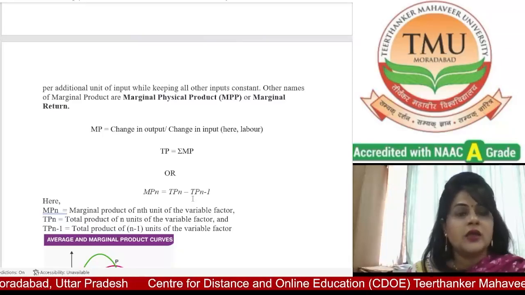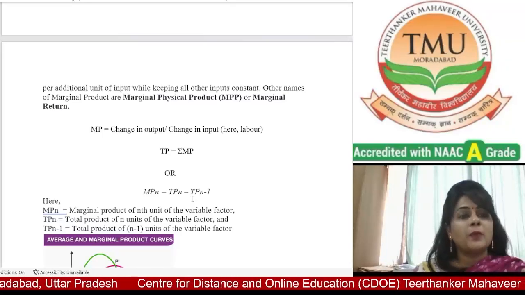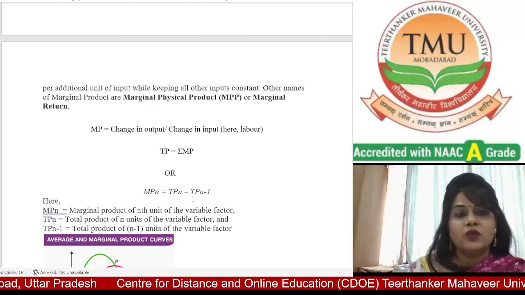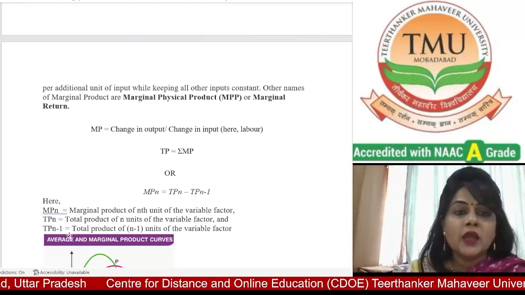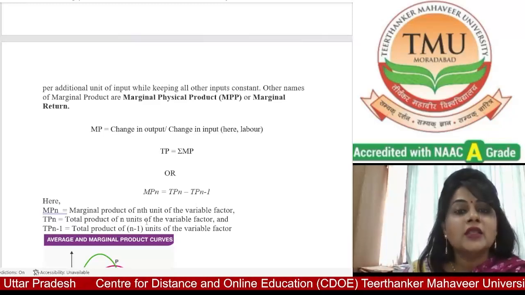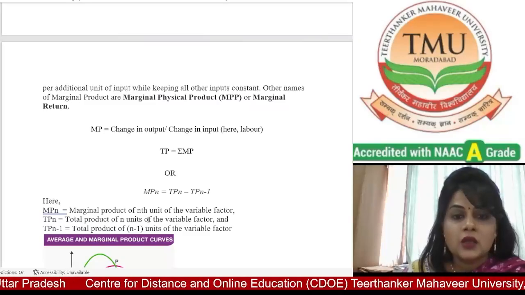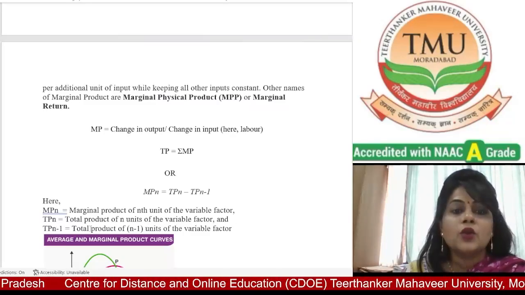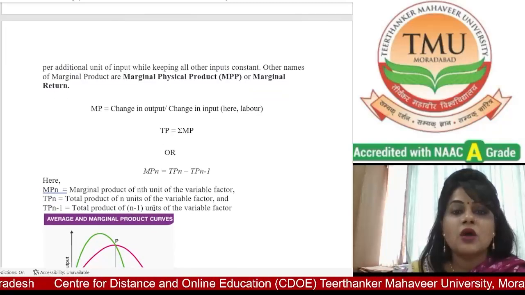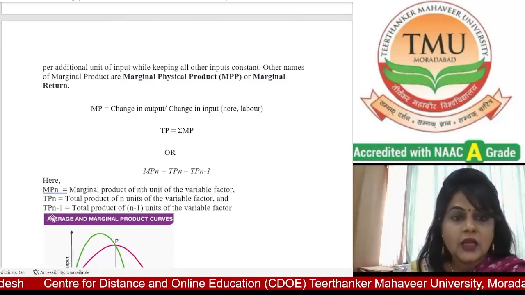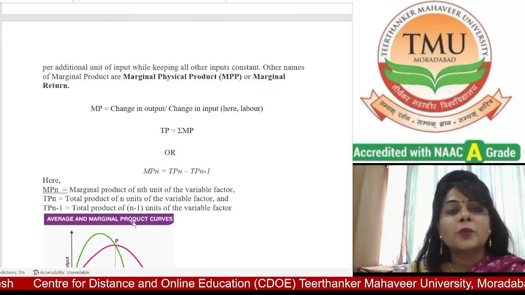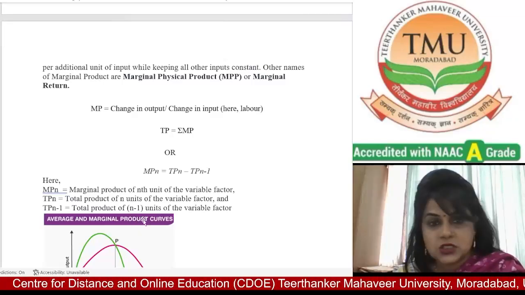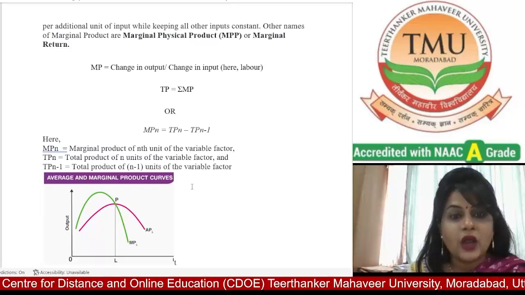It is the result of employing an additional unit of the variable factor input. MPn is the marginal product of the nth unit of the variable factor, TPn is the total product of n units of the variable factor, and TPn-1 is the total product of n minus 1 units, that is, excluding the additional unit we used.